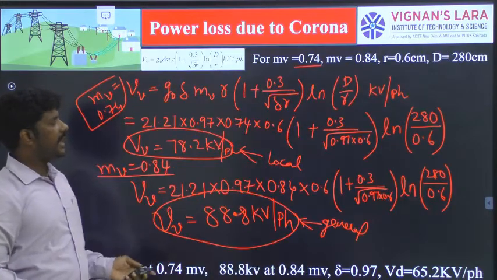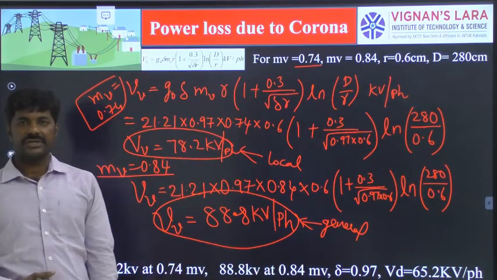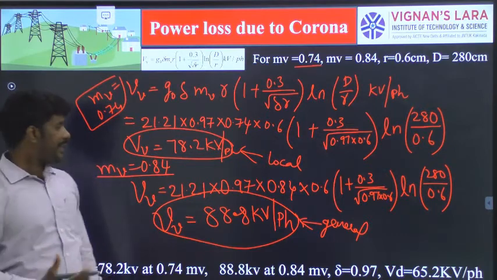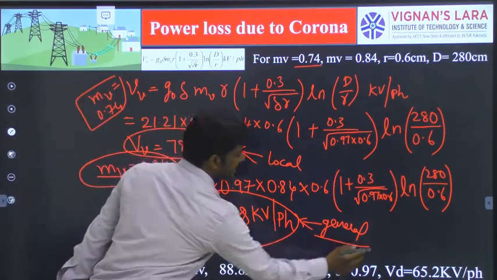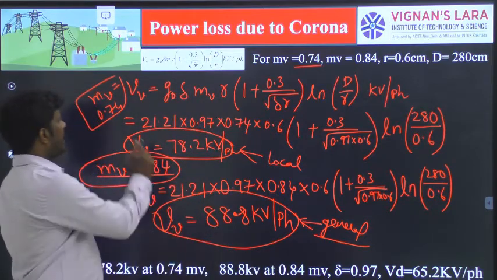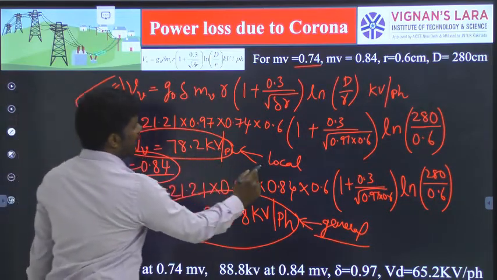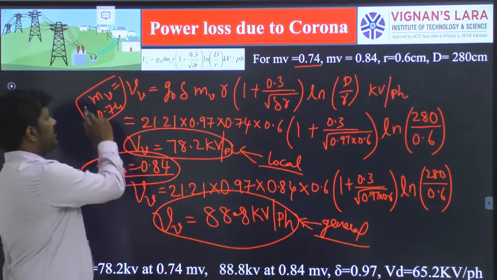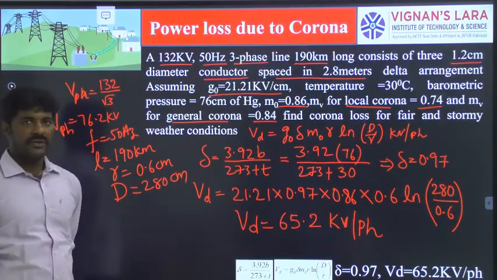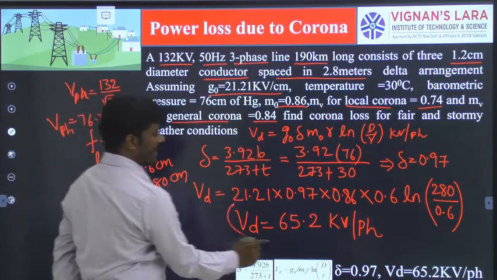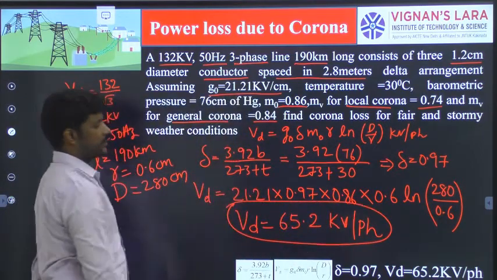And here we calculated the visual critical voltage for an irregularity factor of 0.8 for general corona, and for local corona we observed the VV value with an MV value of 0.74. All this is possible because of the disruptive critical voltage, whose magnitude is 65.2 kV.